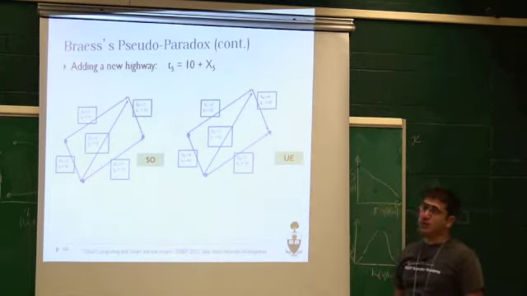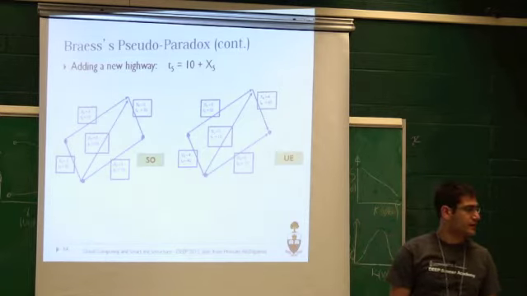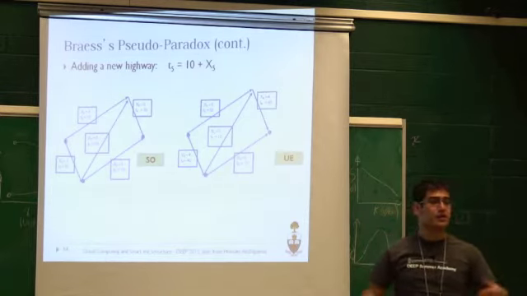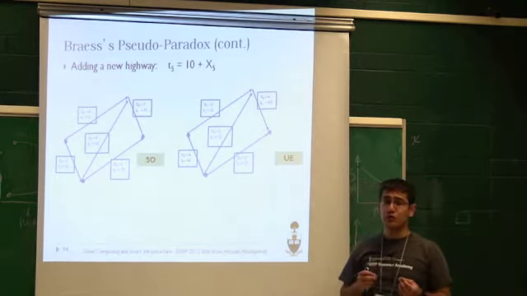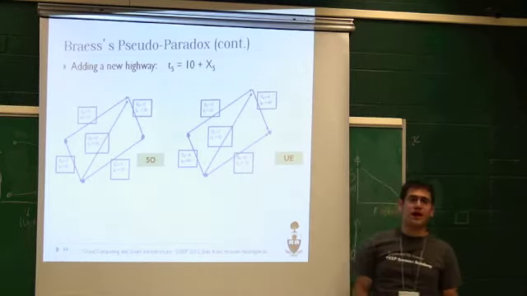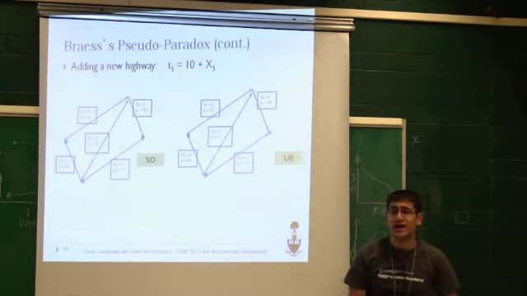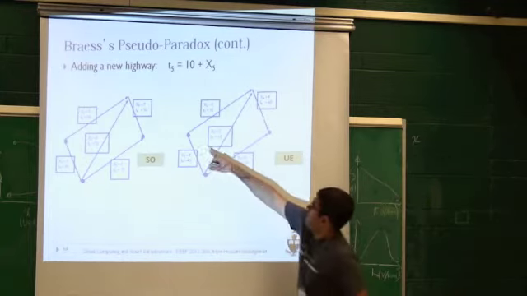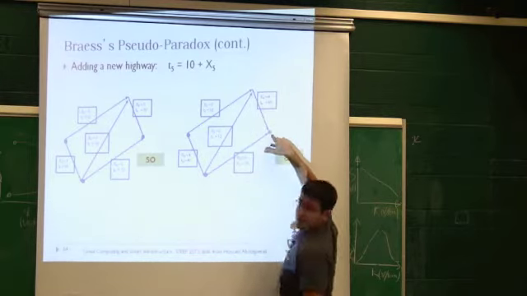If I run user equilibrium, what does user equilibrium do? What's the equilibrium state? The equilibrium state is having the same travel time on all routes. From the source to the destination, how many routes do you have? You had 2, now you have 3. 1, 2, 3. Right?